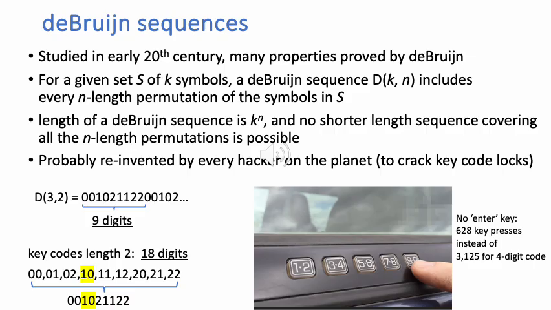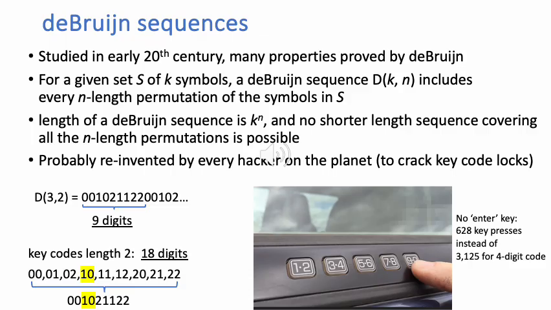As noted, probably many thousands of hackers have reinvented this idea without even knowing what it was called, because it has a natural application in cracking key code locks. A little example at the lower right-hand side there, a car door lock.